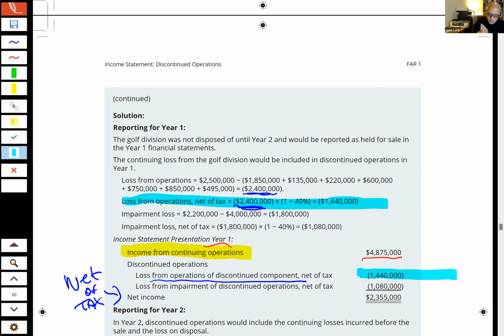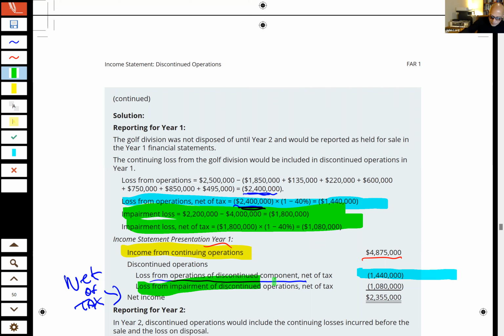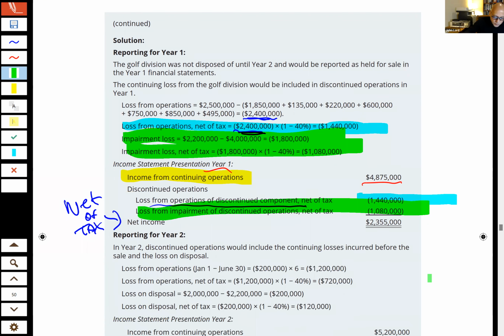Then the impairment, we already calculated as the 4 million minus the 2.2, that's that 1.8. But again, that has to be reported net of tax. So you multiply that by 60%. We now have the two amounts net of tax, and we now report those as a subtract, and we could show it as one amount.